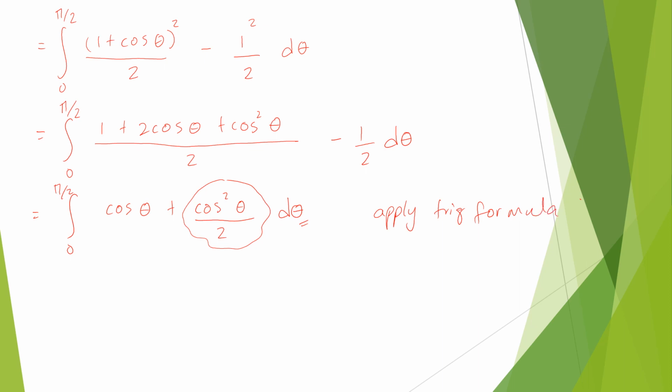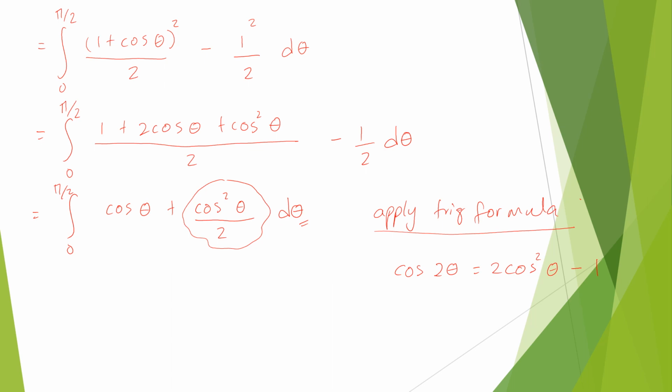The formula we are going to apply: cos 2 theta equals 2 cos squared theta minus 1.